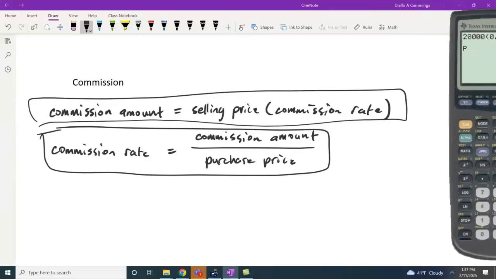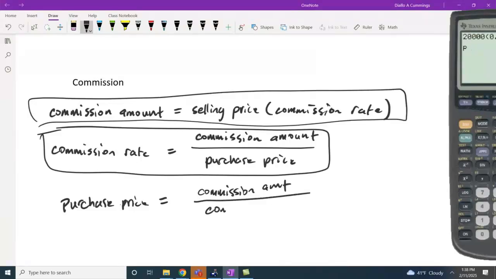And then here is the last formula, and it's to find the purchase price. The purchase price can be found by dividing the sales tax amount, or excuse me, the commission amount. We're dealing with commission. Divided by the commission rate.